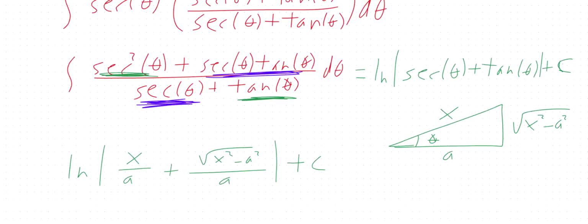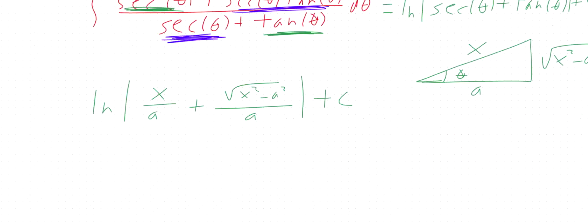And then if you really wanted to, you can combine these together to give you an x plus square root of x squared minus a squared all over a.